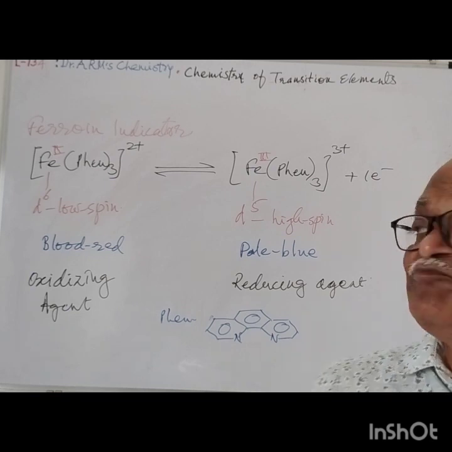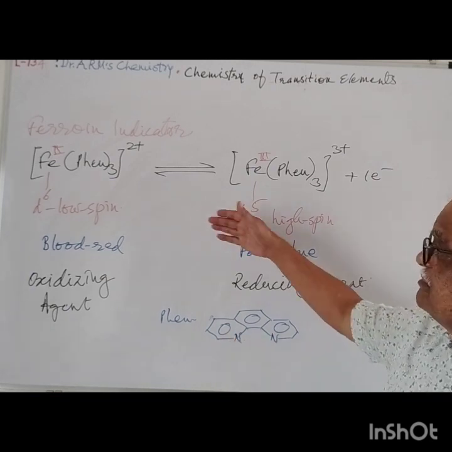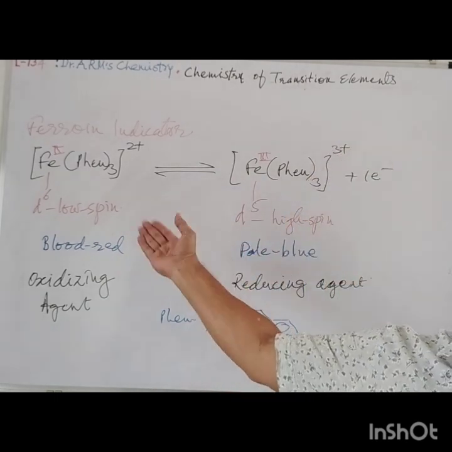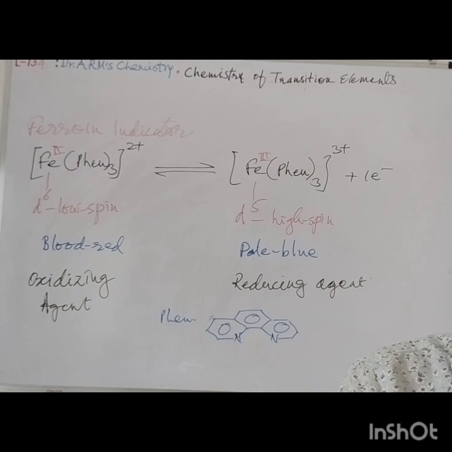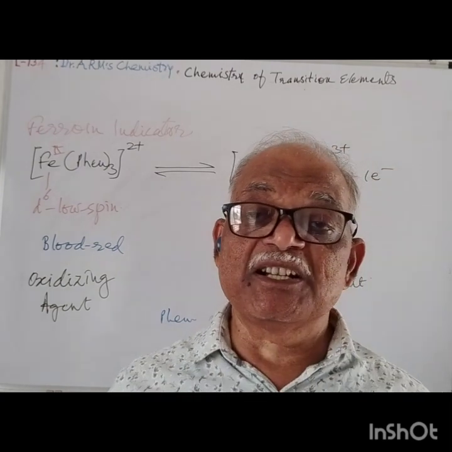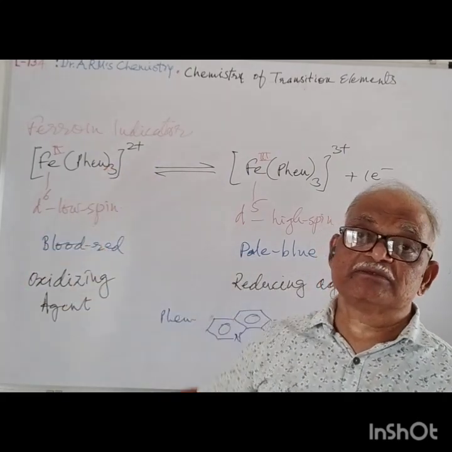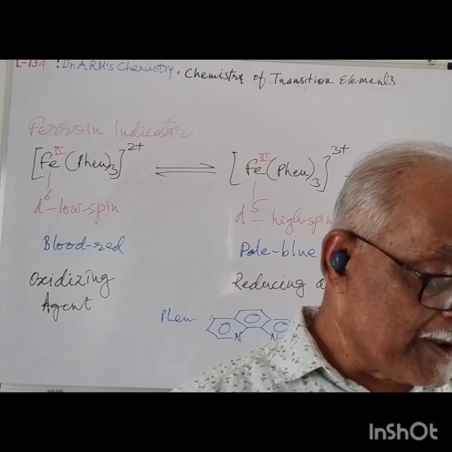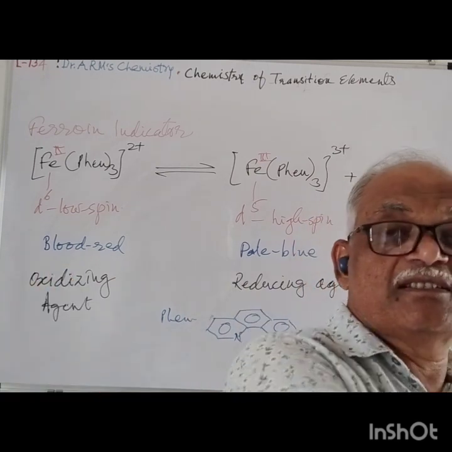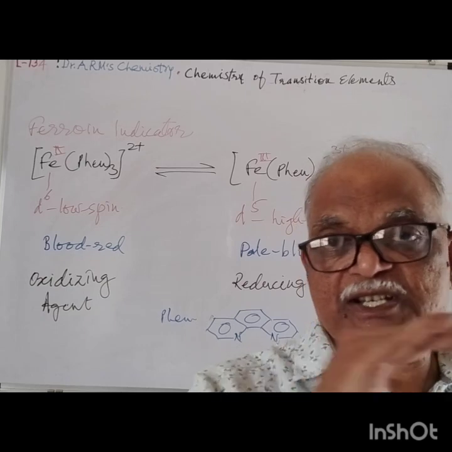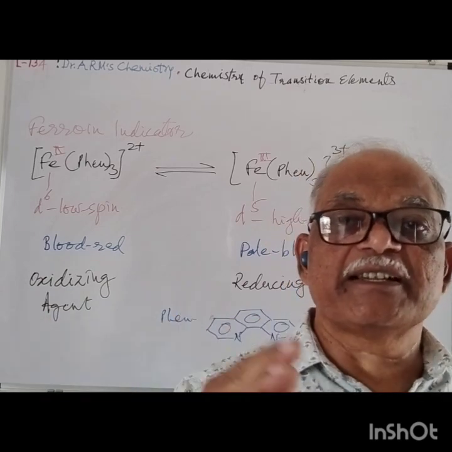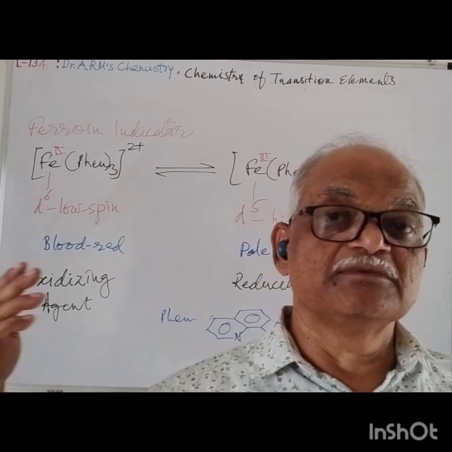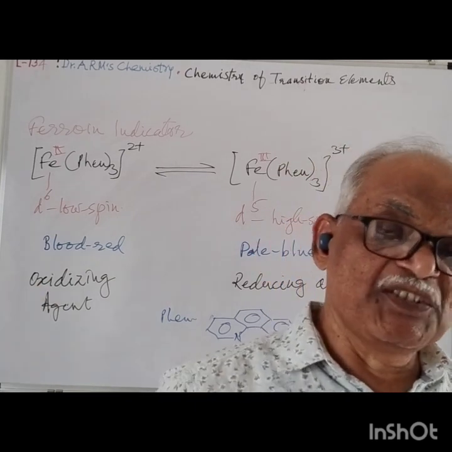This is larger than the d-d transition which takes place in these Fe metals. So d-d transition is different from charge transfer transition. The d-d transition requires a very small amount of energy, whereas the charge transfer transition requires a very high amount of energy. So d-d transitions appear towards the right side of the spectrum, whereas the charge transfer transitions take place towards the left side of the spectrum, or towards near UV, that is the UV region.